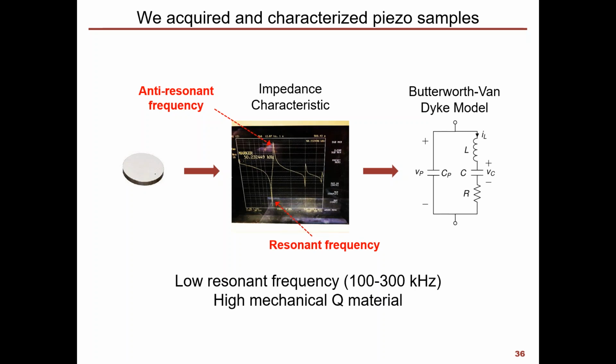The anti-resonant frequency is when the CP is also resonating with L and C, and so it creates a very high impedance point. With both of those points, we can extract what the parameters of the Butterworth-Van Dyke model would be for that specific piezo and figure out which one is best for our purposes.